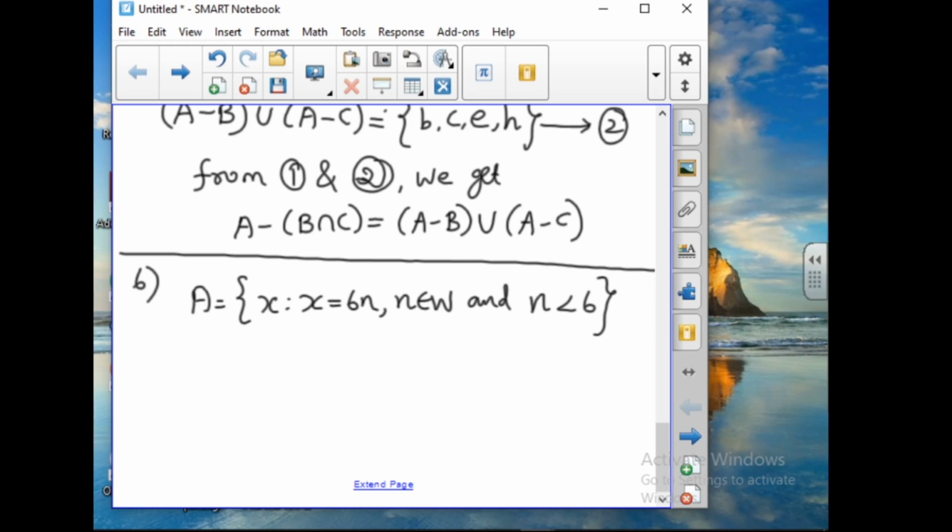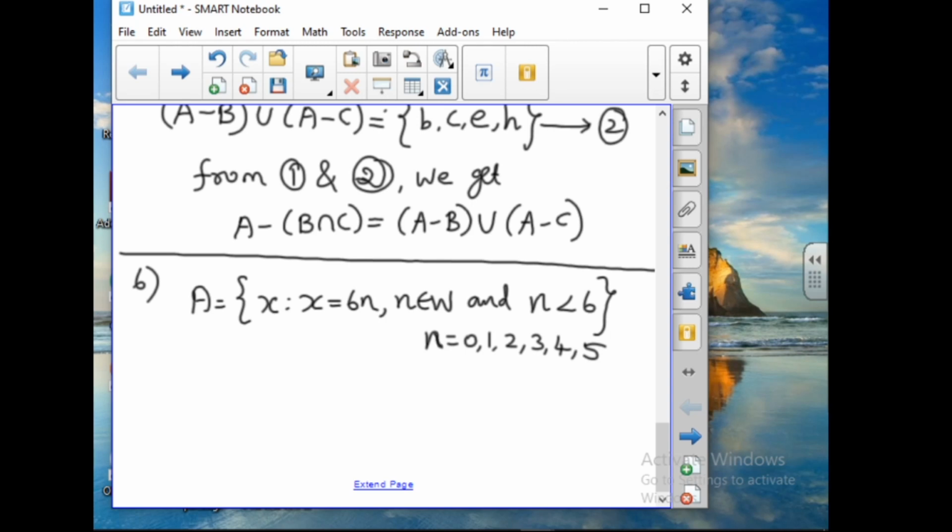So what are the n possibilities? The n values are 0, 1, 2, 3, 4, 5.